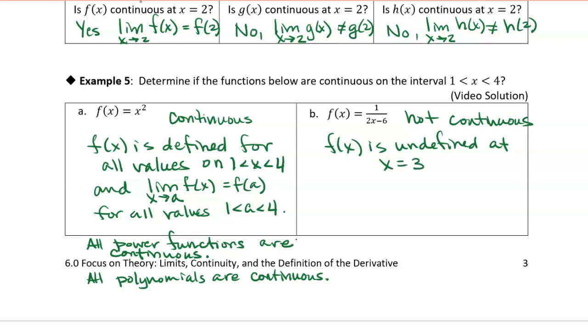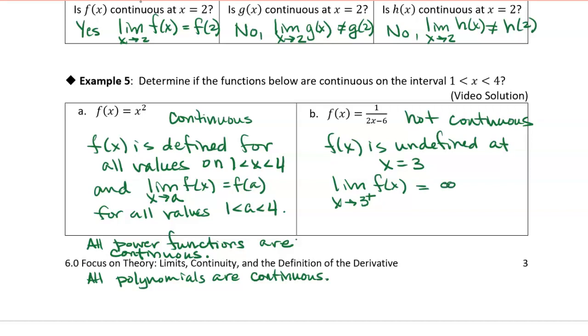We could sneak up on either side, and if we look at the limit as x approaches 3 of this f of x function from the right, values of x a little bigger than 3, then 2 times x is going to be a little bigger than 6, and so we're going to get positive infinity.